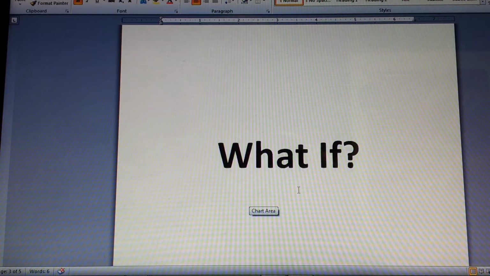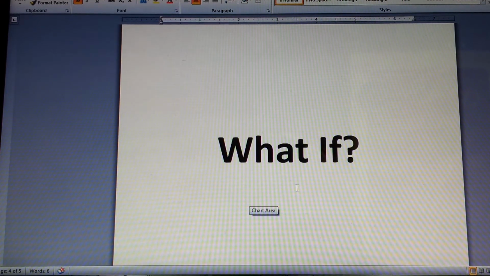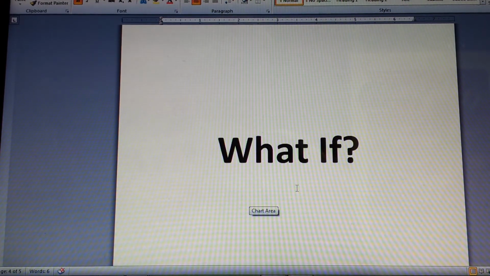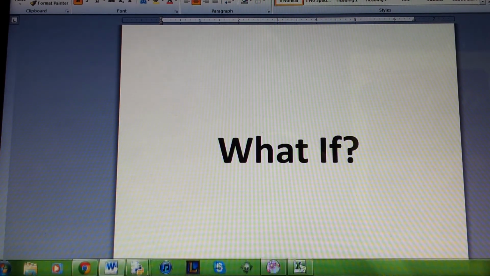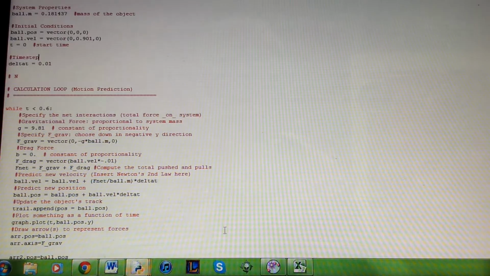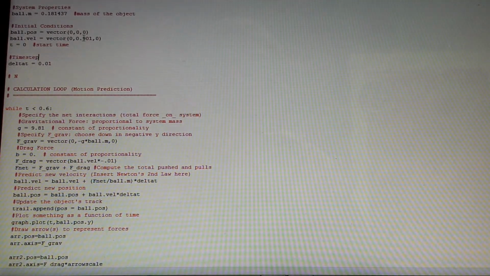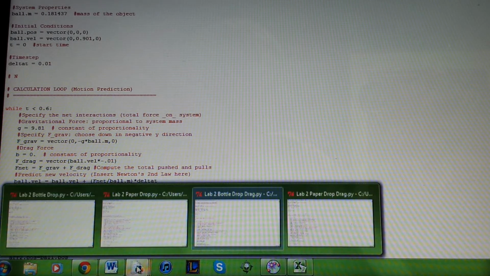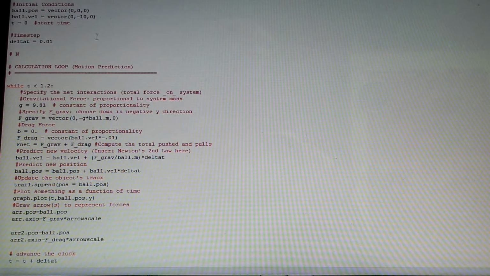So, what if we examine the object's velocity in the case where the object is initially thrown downwards? To do this, we need to add an initial velocity in the negative direction. Here is the model of the paper drop with a velocity of -10 in the y direction as an initial velocity.